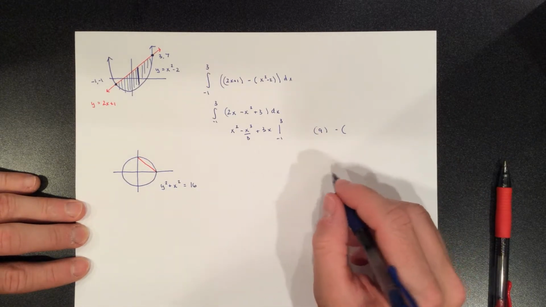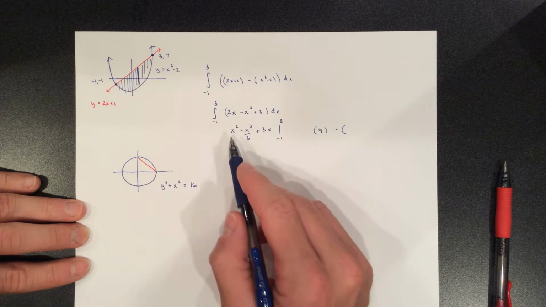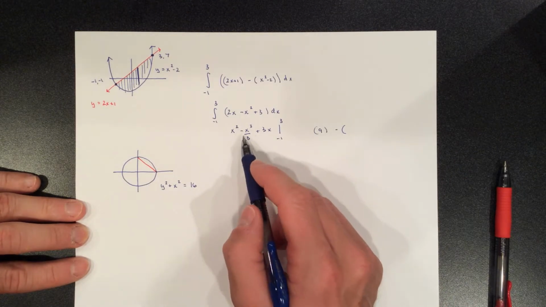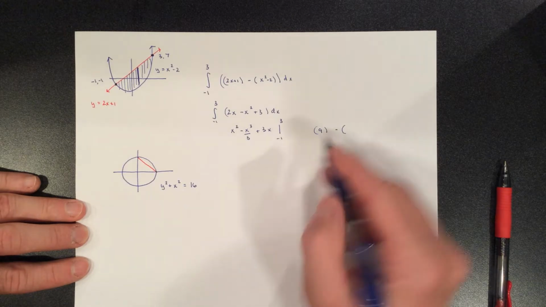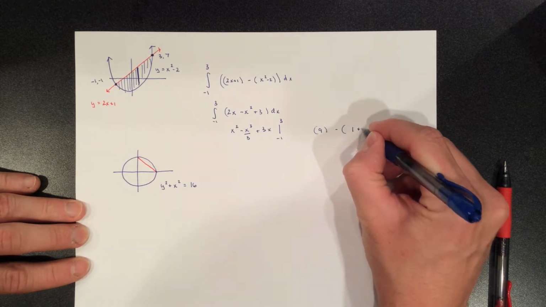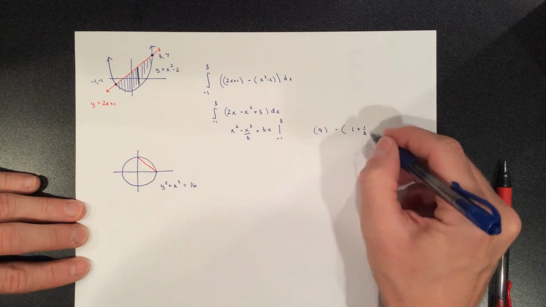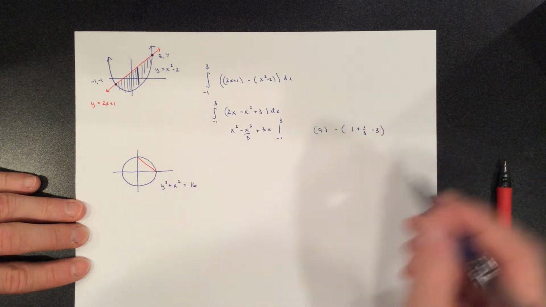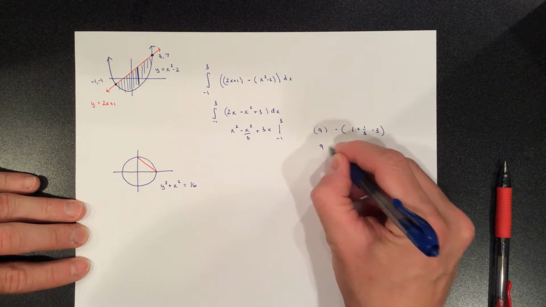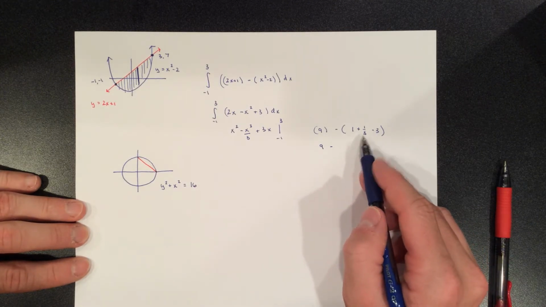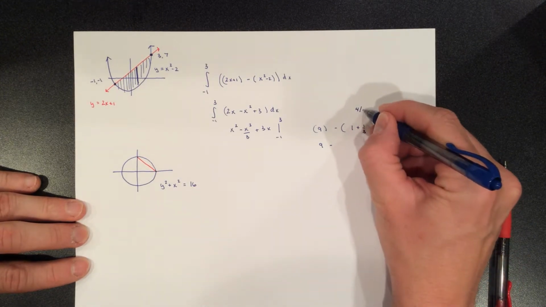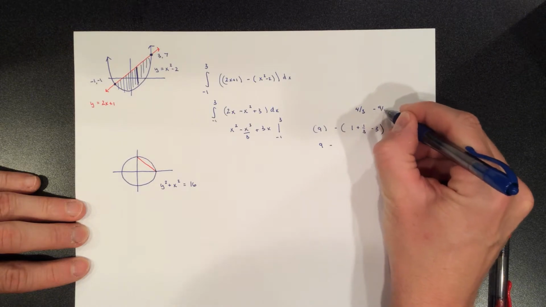Okay, plugging in negative 1 is going to give us 1 minus negative 1 cubed. Well, that's just a minus and a minus. So that's 1 plus 1/3. Better write this one down. 1 plus 1/3 and then minus 3. So that's 9 minus, and that's going to be 4/3 minus 9/3.